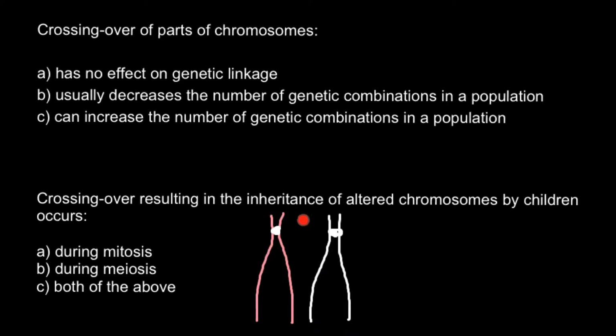One can be from the father side, another from the mother side, and as you see we have here two chromosomes and four sister chromatids. So each chromosome at this stage would consist of two chromatids.